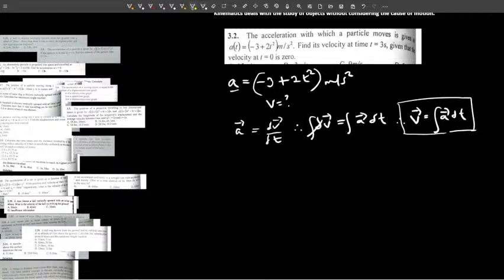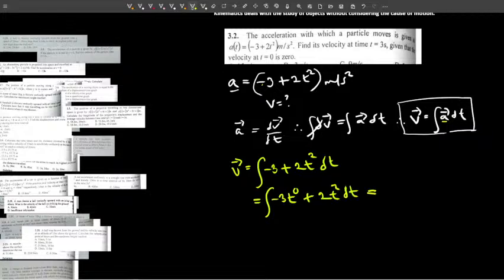So v equals the integral of a, and what is my a? Minus 3 plus 2t squared, and we add our dt. Integrating means we add 1 to the power and divide by the new power. So we get minus 3t, since 0 plus 1 gives 1, divided by 1, plus 2t cubed over 3.